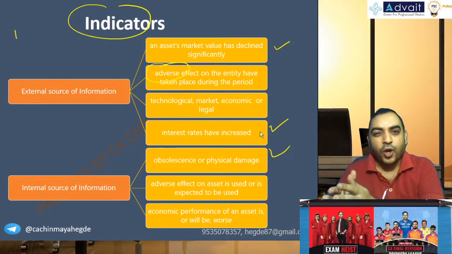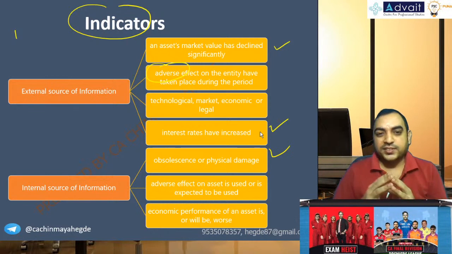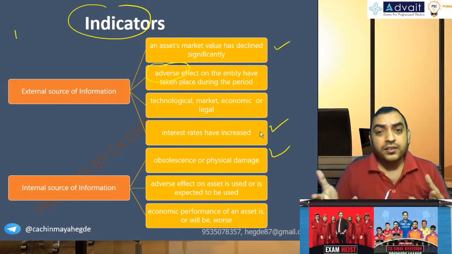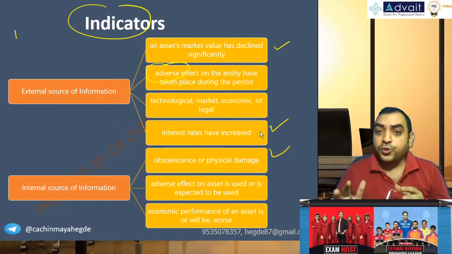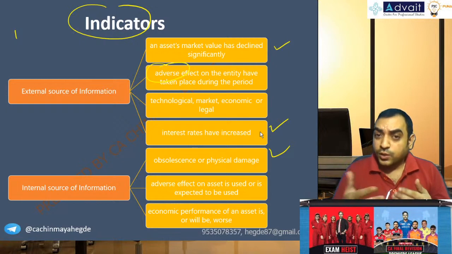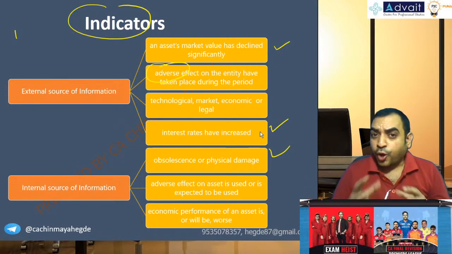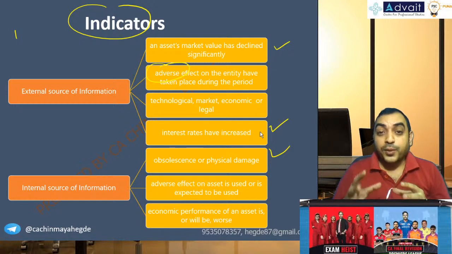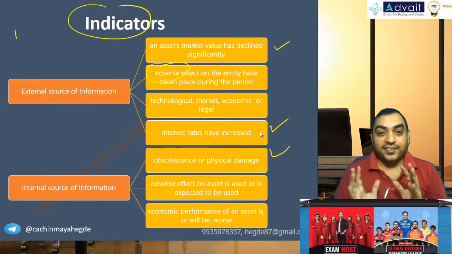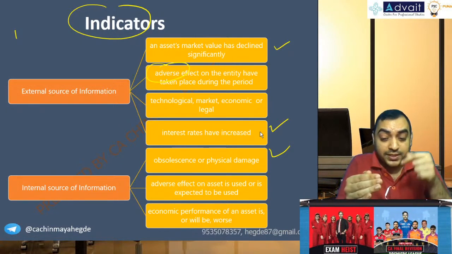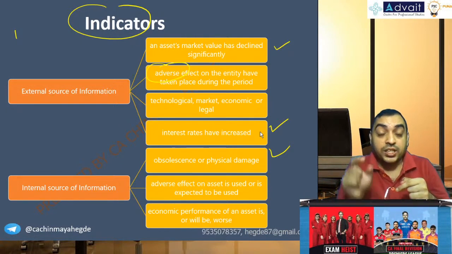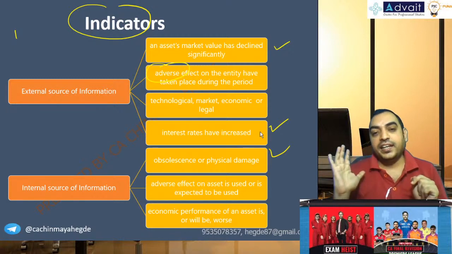For CA students, it may be normal. For other students, what will parents feel? Why has this fellow started reading? What happened? They will come and speak to you. Are you okay? Anything wrong? Should we speak to anybody? Any problem in your relationship? Let us know. Because there is an indicator. Hope you are getting the point of impairment. Before something happens, there is some sort of direction. What is the direction? Indicator.